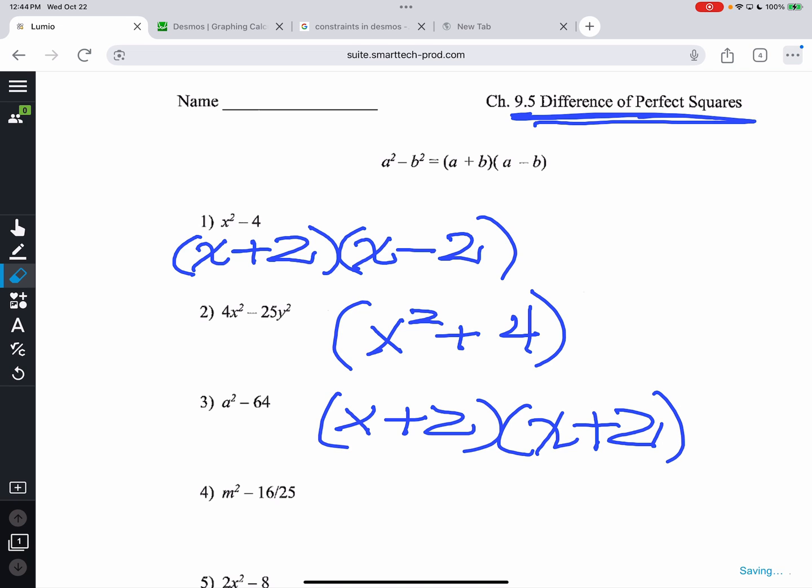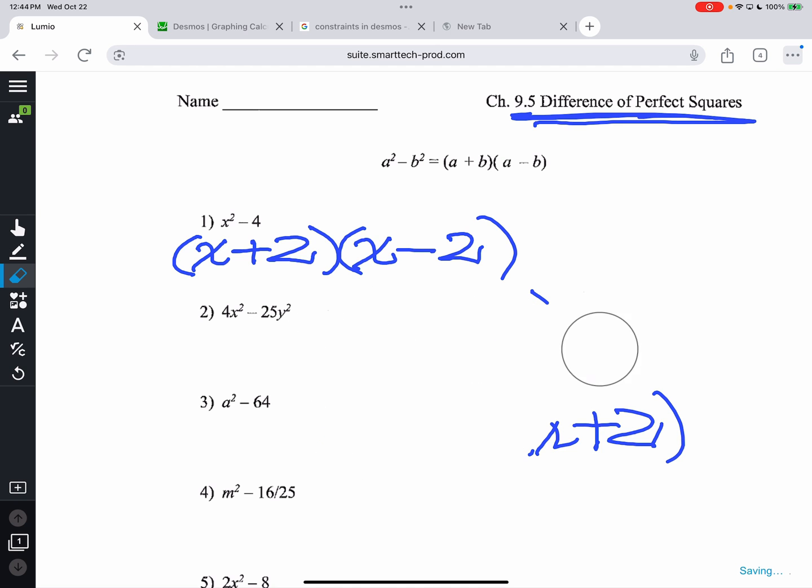When we go to check our work, our first is x squared, but our outer and inner would give us 4x. We would have a middle number, and then the plus 4. But we would have a middle number in here that we don't have in the original. That's why we can't use it when it's addition, only when it's subtraction. That was an example of why you can't use addition.